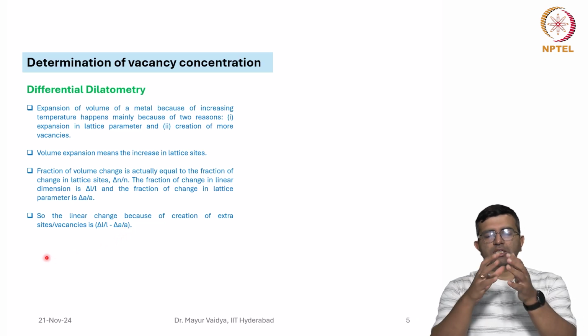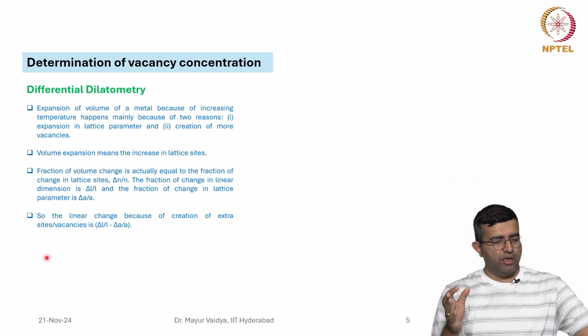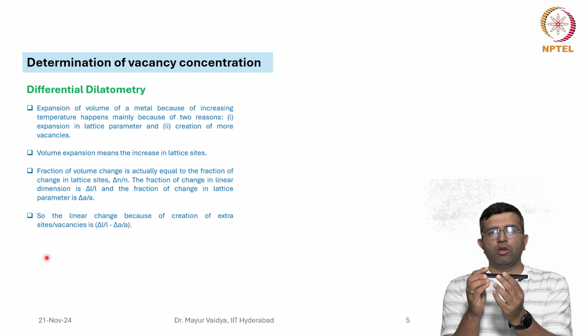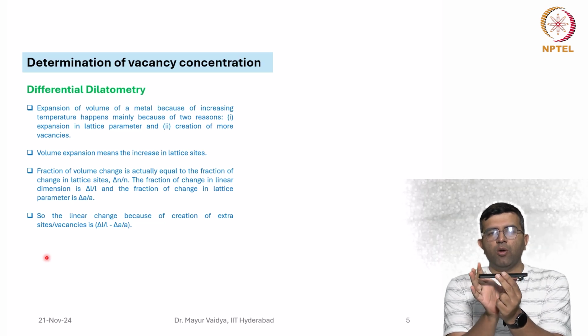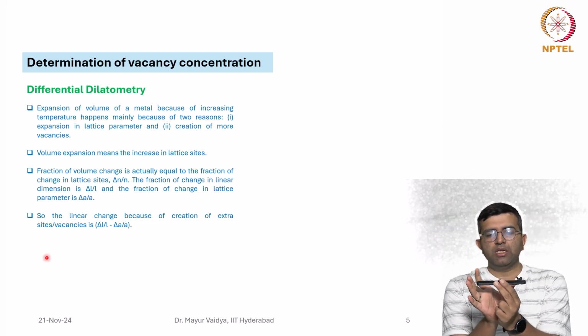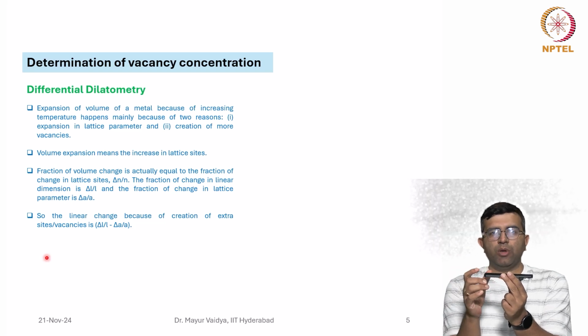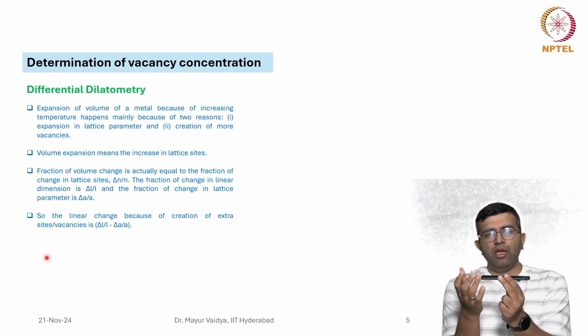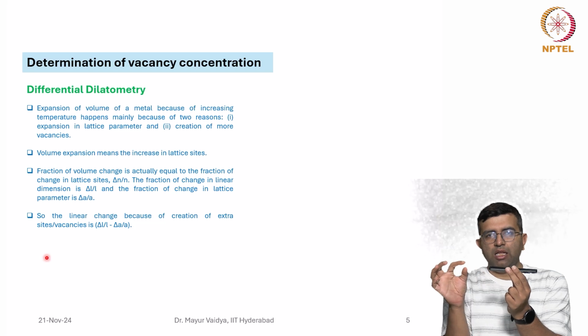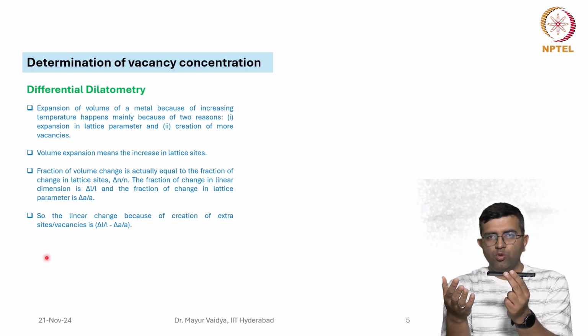That means you can imagine that you have, let us say, a piece of your metallic sample. Now, when you heat this piece, there is an increase in the dimensions of the sample, that is where the delta L by L comes into the picture, any linear dimension. Now, that has two components.